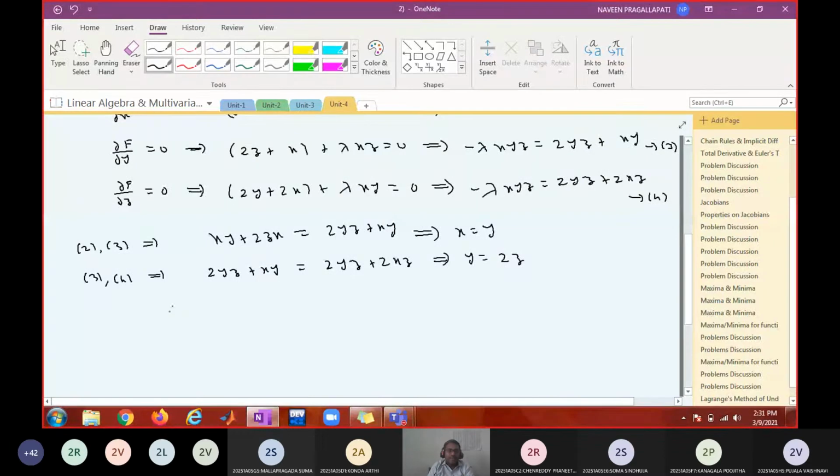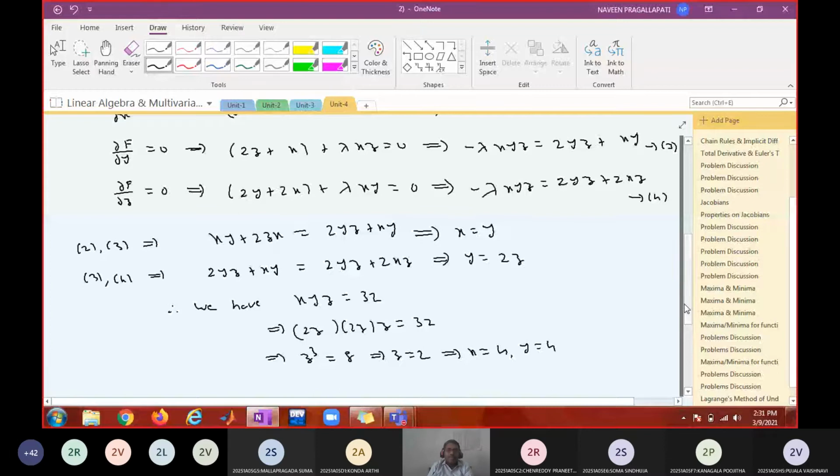Therefore, we use the condition xyz equal to 32. Now what is x? X means y, y means 2z. Y means 2z, times z, equal to 32. That means z cube equal to 32 by 4, which is 8. That means z equal to 2. Simple as that, x equal to 4, y equal to 2. That is what we got.